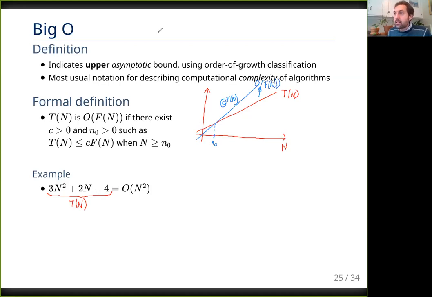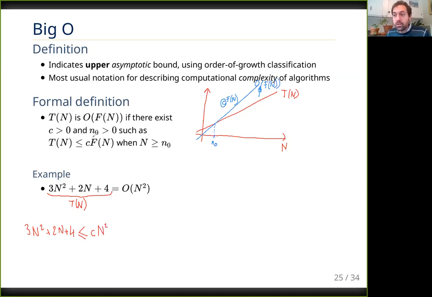That means that we need to find if 3n squared plus 2n plus 4 is less than or equal to c, a certain coefficient, times n squared.